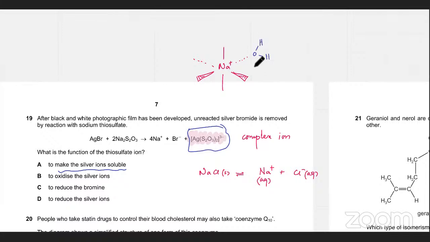The lone pairs of the water, the negative oxygen, would be attracted to the sodium ion, and this would happen from all sides. So that results in the formation of a complex ion.